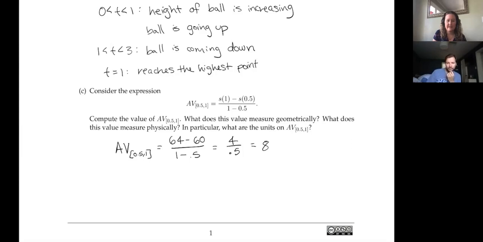Well, 64 and 60 are feet, so we get feet in the numerator. And then the 1 minus 0.5, that was measuring time, and in particular time in seconds. So we get 8 feet per second. Okay, so on this interval from t equals 0.5 to t equals 1, the ball is traveling upwards at an average rate of 8 feet per second.